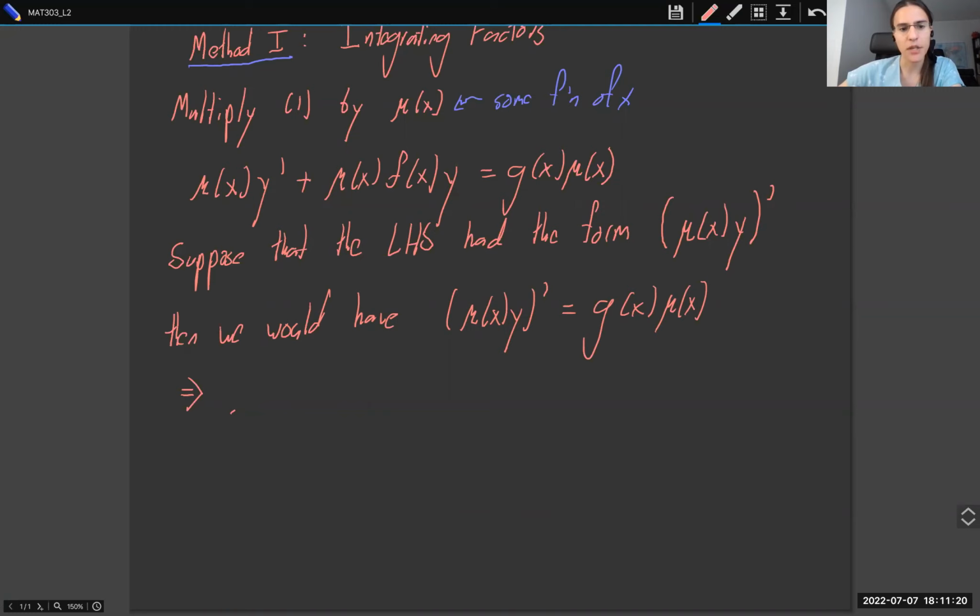We would get that mu of x times y equals the integral of g of x mu of x dx, and I'll write a constant here. Technically, the integral has the constant included, but in this case, I'll actually want to factor in the constants. I'll say this is a specific antiderivative, and I'll keep the constant here for future reference.